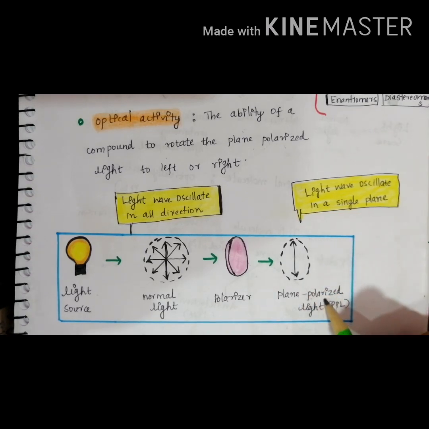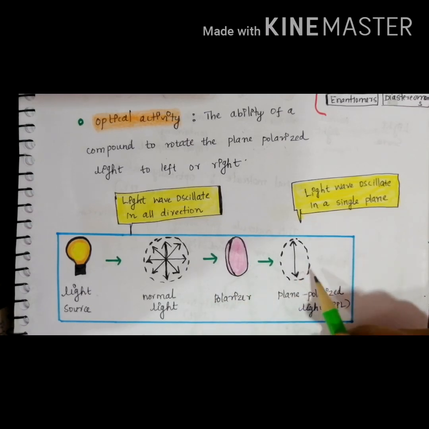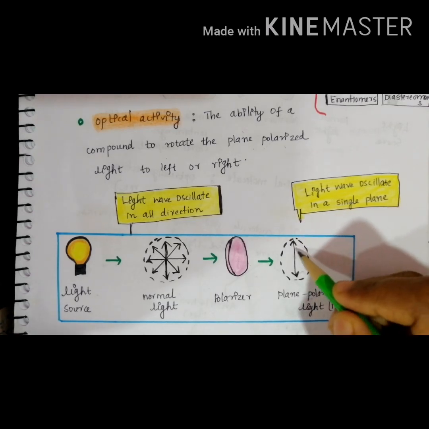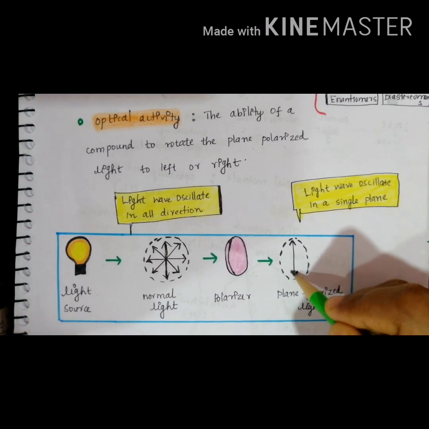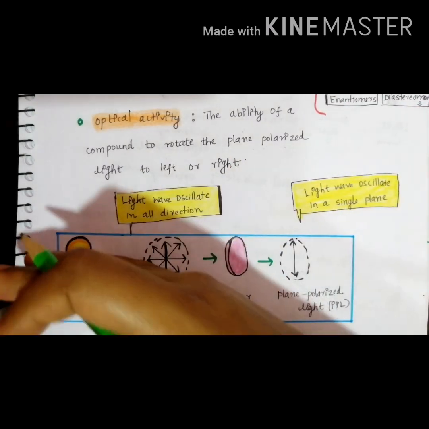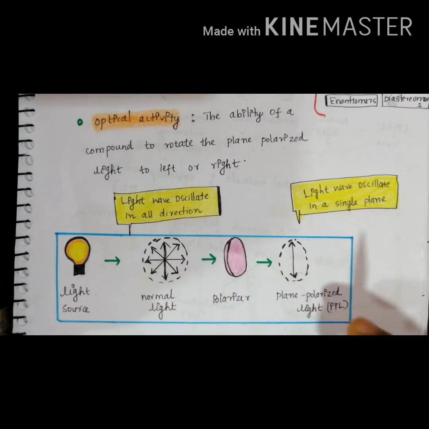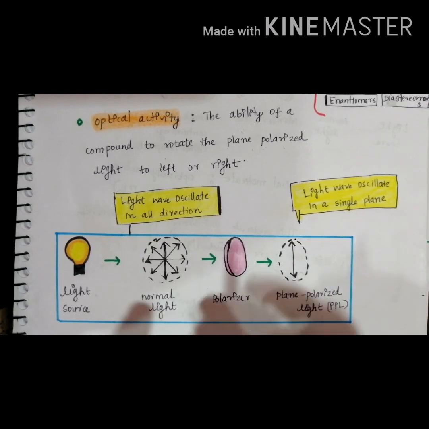What do we mean by plane polarized light? After passing normal light through the polarizer, we get a light wave with a single plane orientation, in which the light wave oscillates in only a single plane. Here the oscillations are in all directions; here the oscillations are present in only one plane, and that is called plane polarized light. This is the basic requirement of a polarimeter experiment.